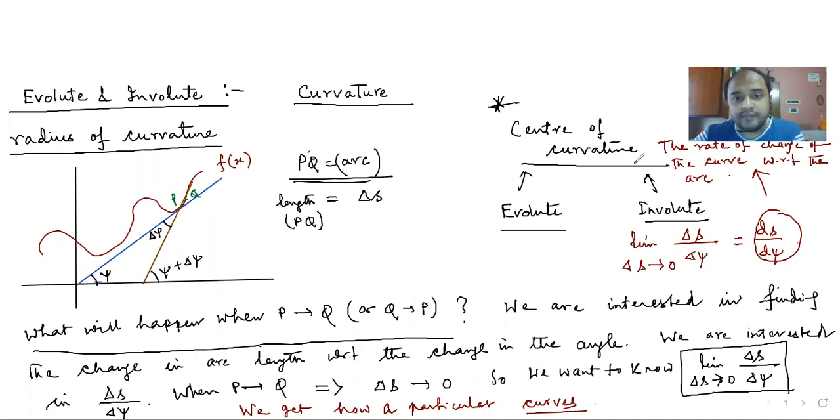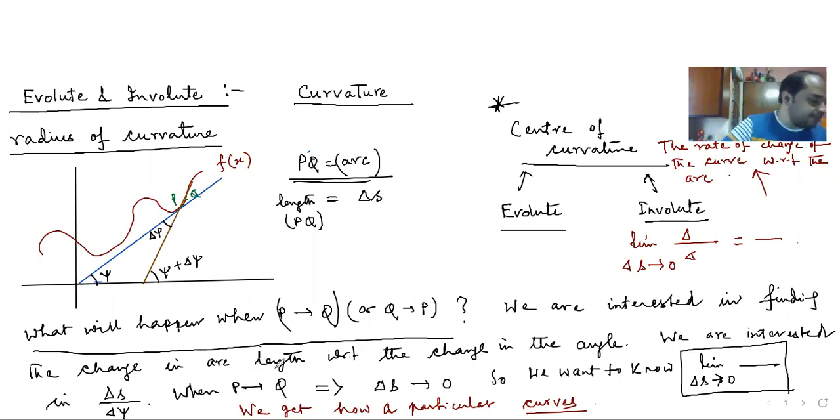No, one thing I have written wrong. Sorry for this. I started with what will happen when P tends to Q. So when P tends to Q, we are interested in knowing that the arc length will diminish.